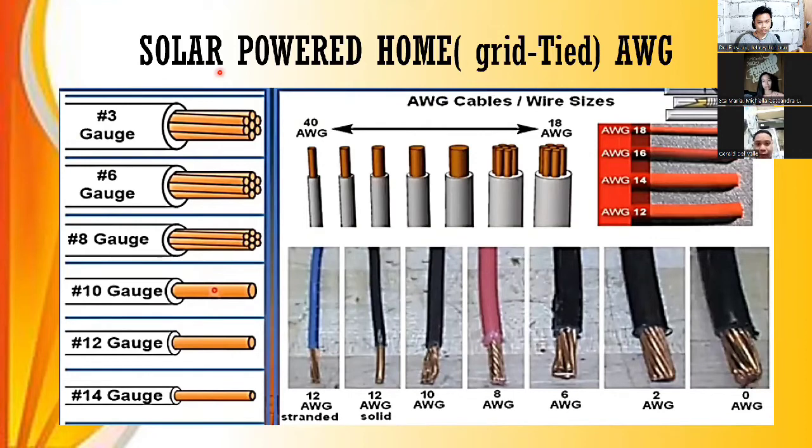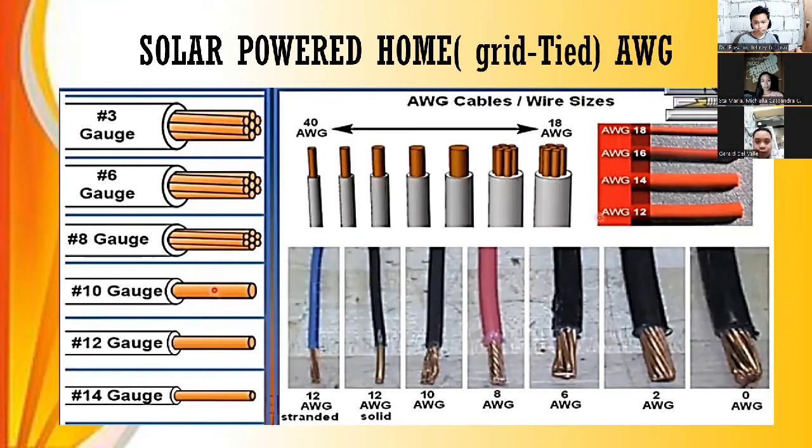So ayan naman yung mga sizes at mga itsura ng mga wires. So meron siyang number 3 gauge, 6 gauge, and 8 gauge hanggang 14 gauge. Tapos ito yung mga sizing na kung saan ang AWG cables wire sizes mula 40 AWG hanggang 16.